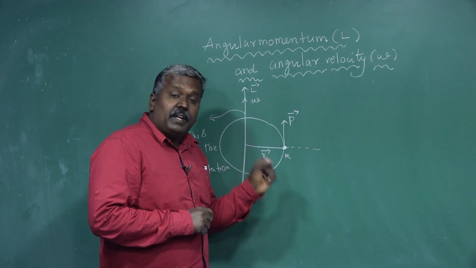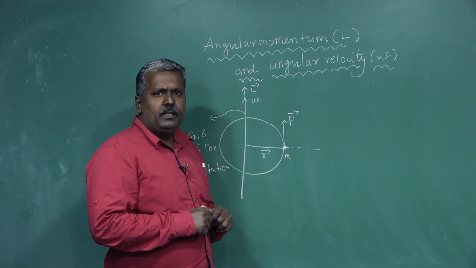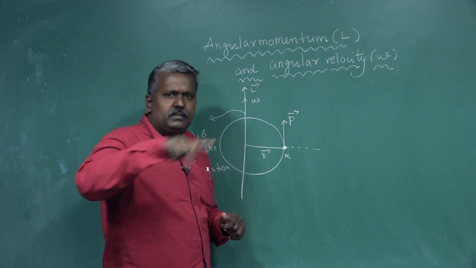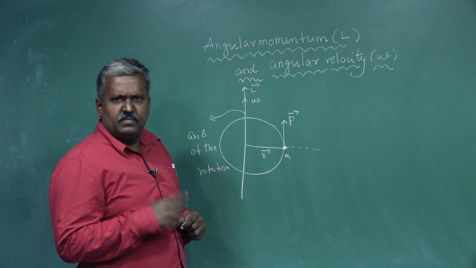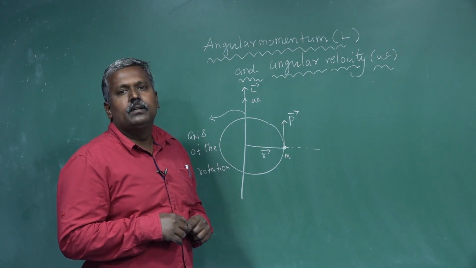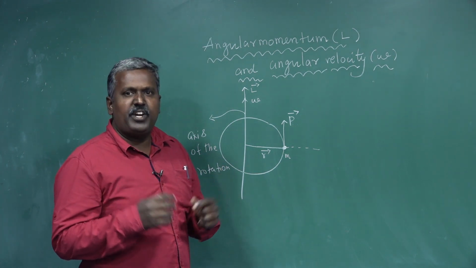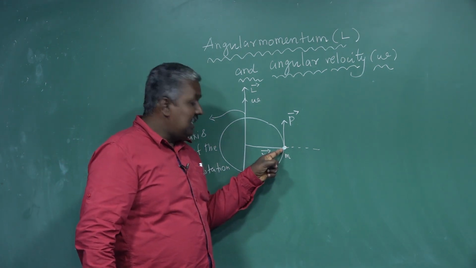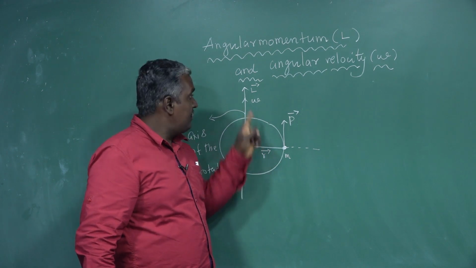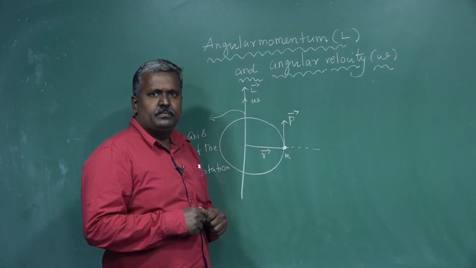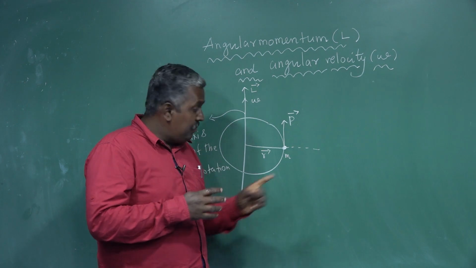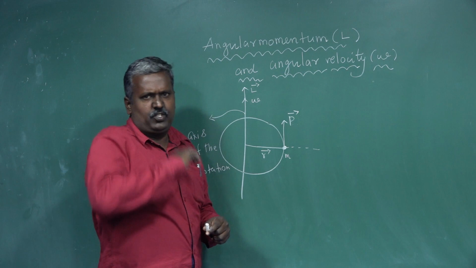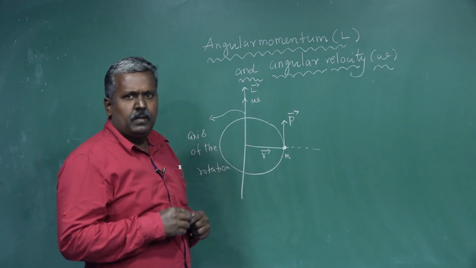When the rigid body rotates, the point mass will execute circular motion, because a rigid body contains a lot of point masses. I am correct or not? The point mass also will execute circular motion. That's all. Circular motion. Okay?